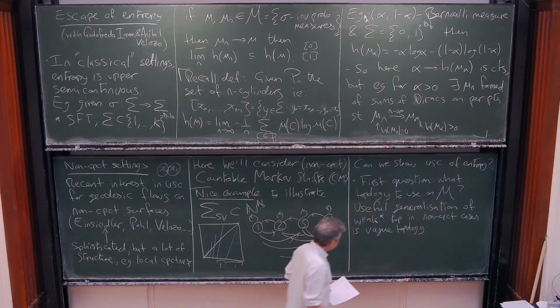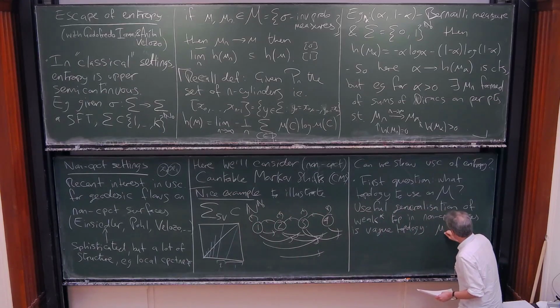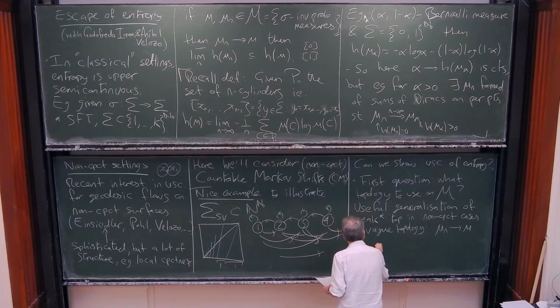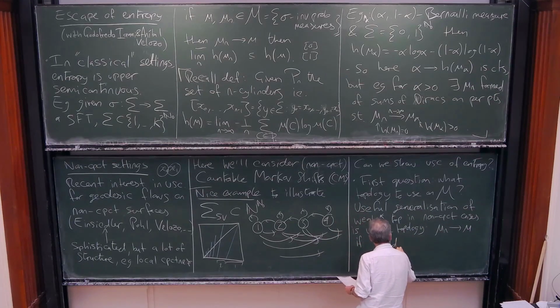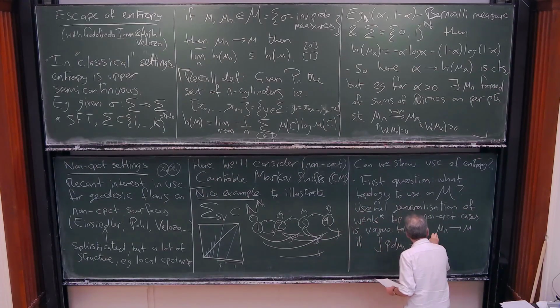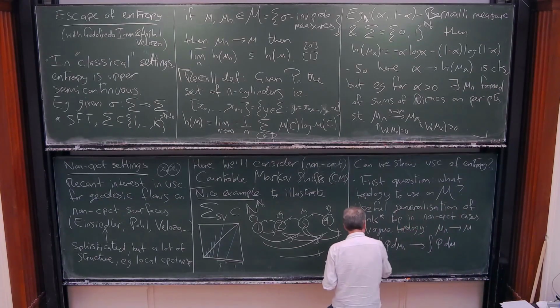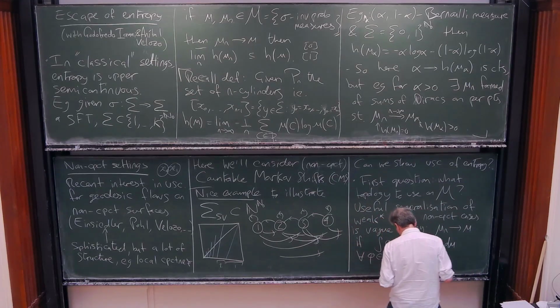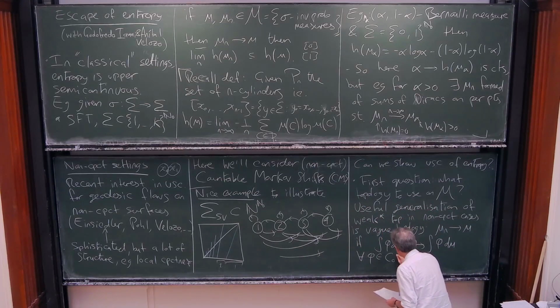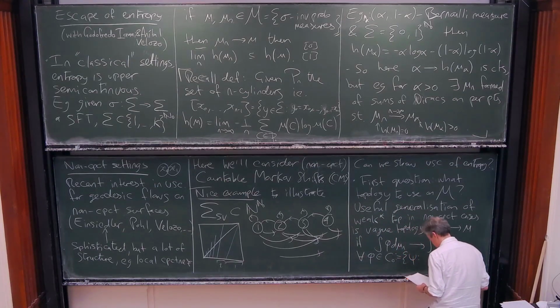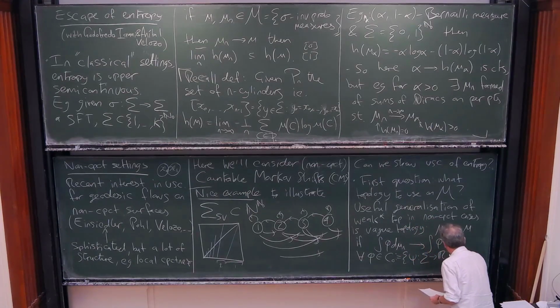And what does that say? That says that mu n converges to mu if the integral of phi d mu n converges to the integral of phi d mu for all phi in compactly supported continuous functions. So compactly supported phi, so it's a psi such that psi going from sigma to R is compactly supported.